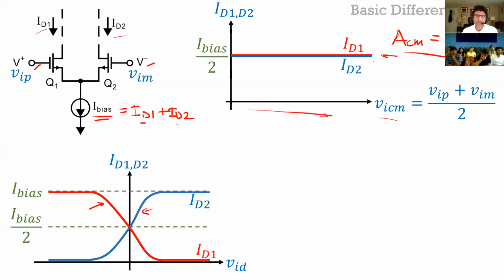That's just KCL at this node. If that has to be satisfied, then the currents will flow in this complementary manner.